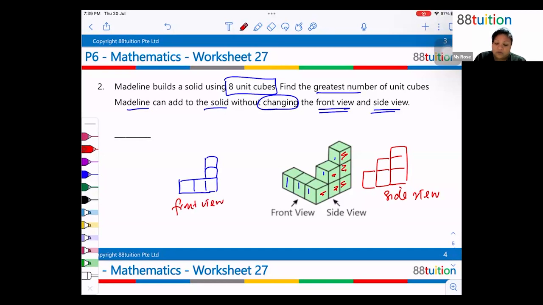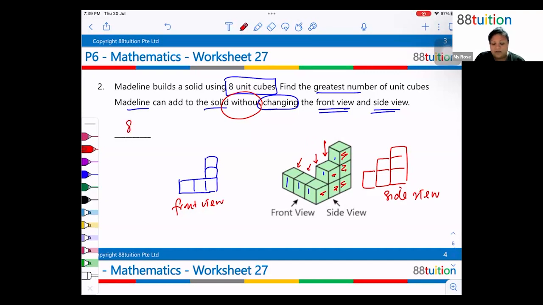Now, without changing the front view and the side view, you can only fit cubes at the back. So how many cubes do you think you can fit in at the back? Anyone? Very good, Pranati. Yes, 1, 2, 3, and then back here, 4.